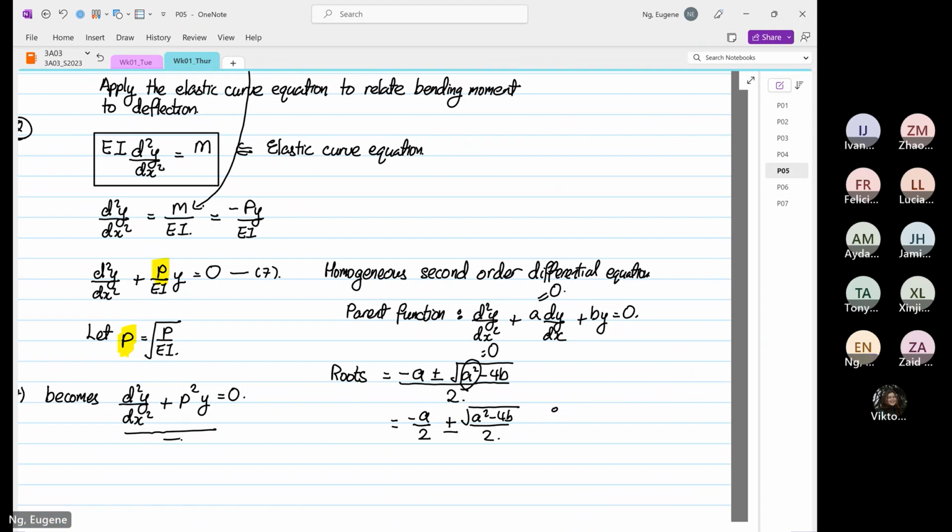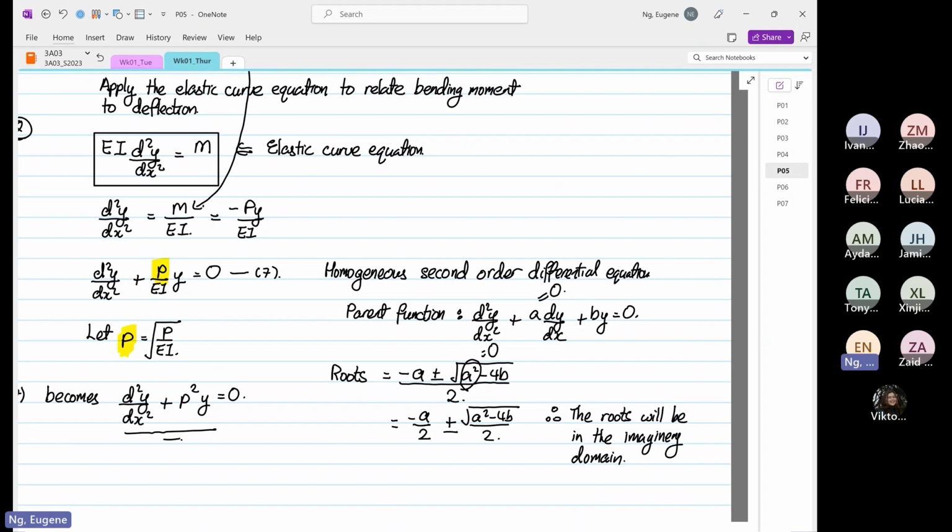Therefore, the roots, or the solution, will be in the imaginary domain.